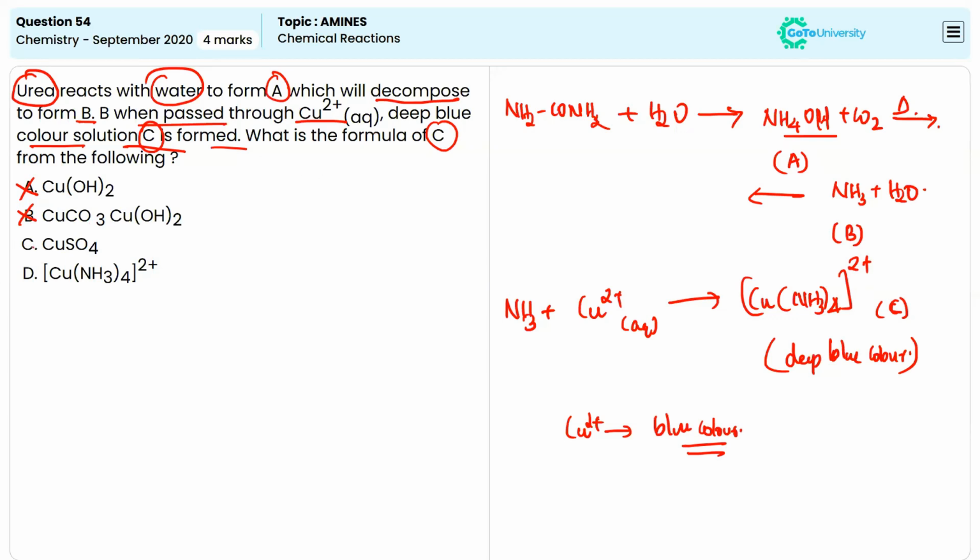Option C, copper sulfate, is also not possible here because to produce copper sulfate we need some other reagents, not urea. So in the presence of urea, they are converting into ammonium hydroxide. This ammonium hydroxide on heating will produce ammonia. This ammonia reacts with aqueous copper 2+ ions and produces the blue colored complex, a complex of ammonia. So the correct answer is option D.